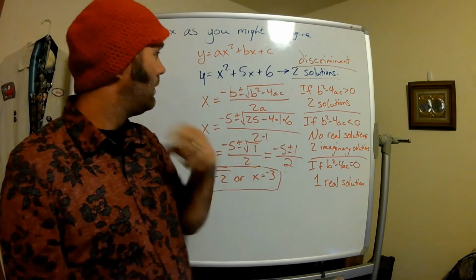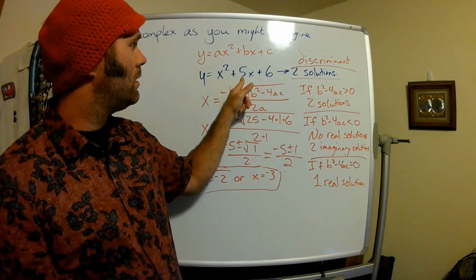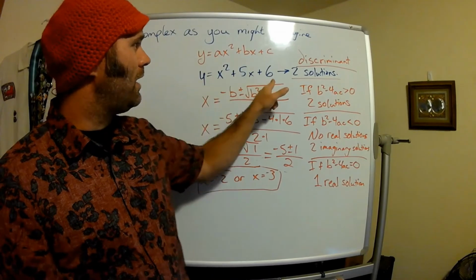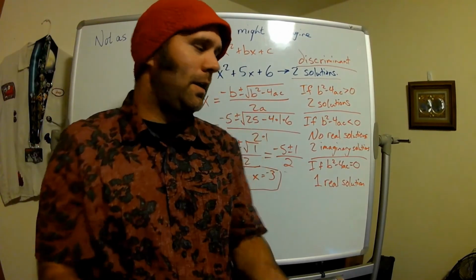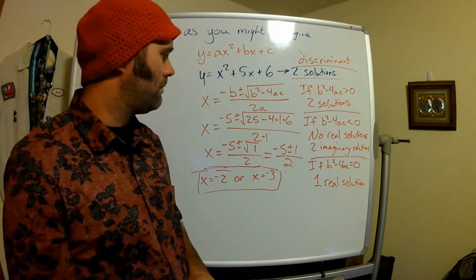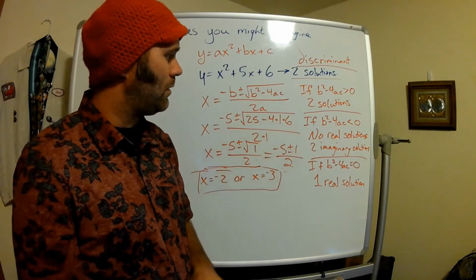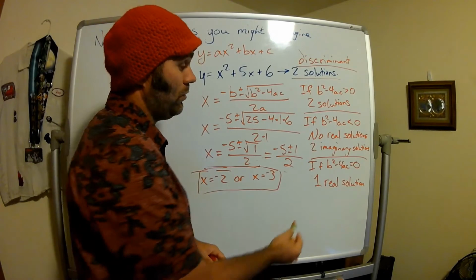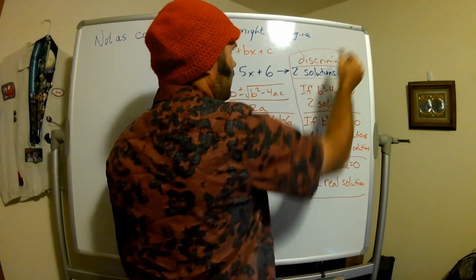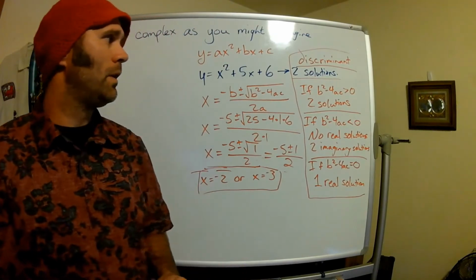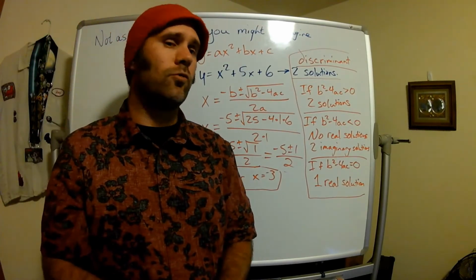Real easy. This is something that you might want to write down. It's just a set of rules for the discriminant to tell how many solutions you have.